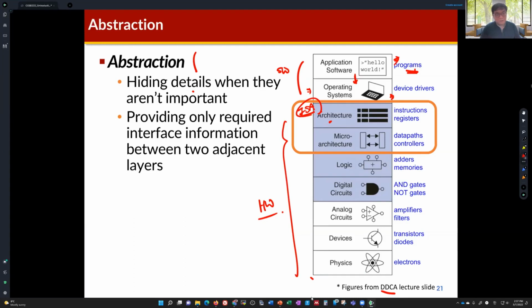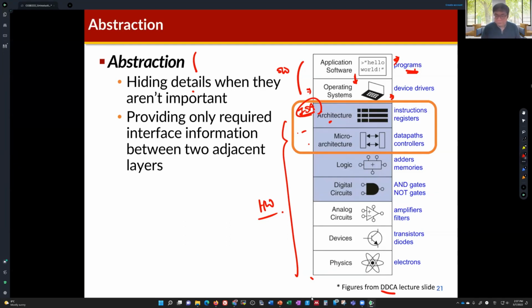Microarchitecture means the architecture of the processor, like i5, or like Broadwell, Haswell, Ice Lake, Alder Lake. Those are brand names of the microarchitecture. So microarchitecture just means the architecture of the processor.